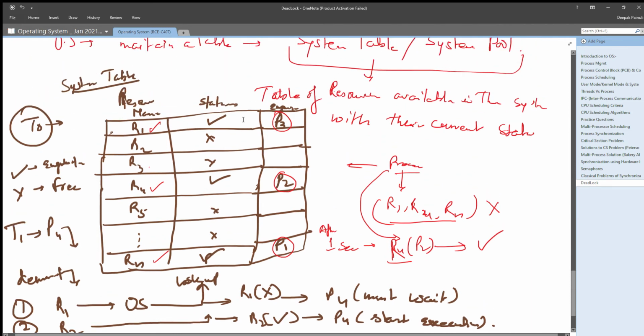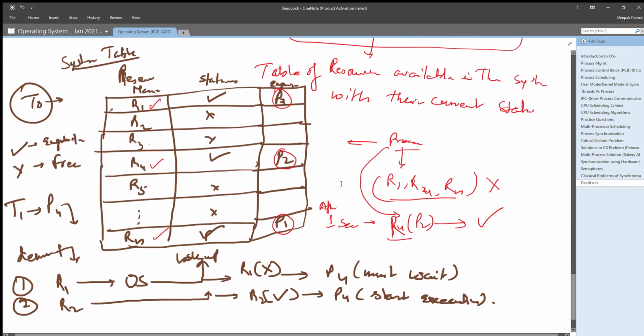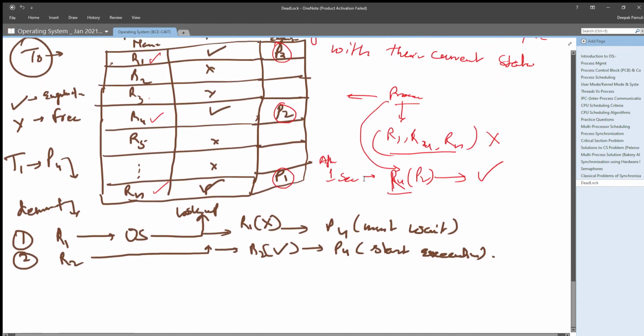If the status of that resource is free, then it allocates it to the requesting process, else it forcefully makes the requesting process wait until that resource is freed from the engaged process. So till this point we have studied in the last lecture.